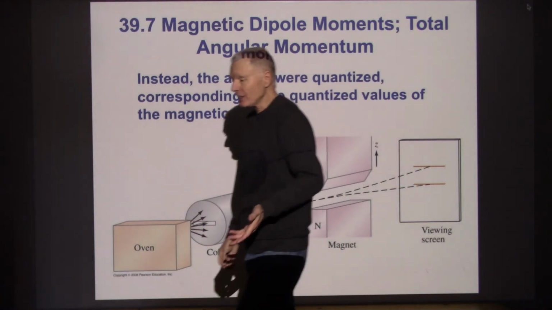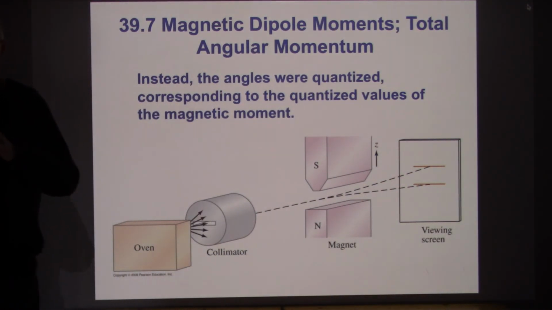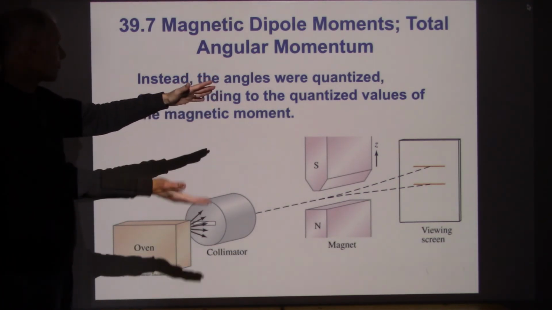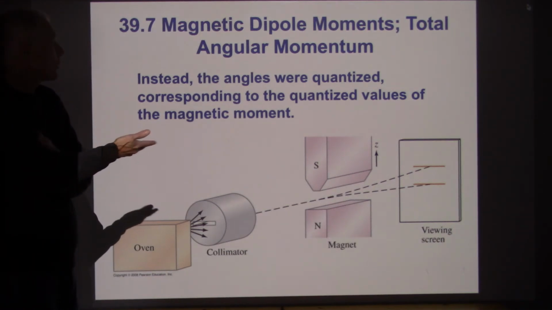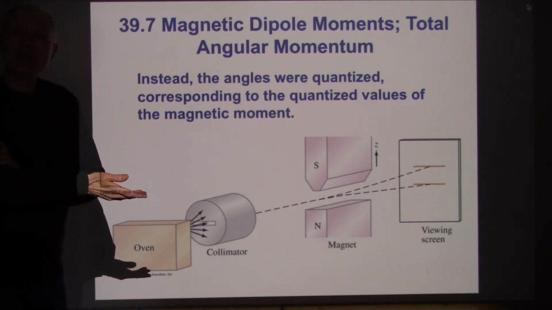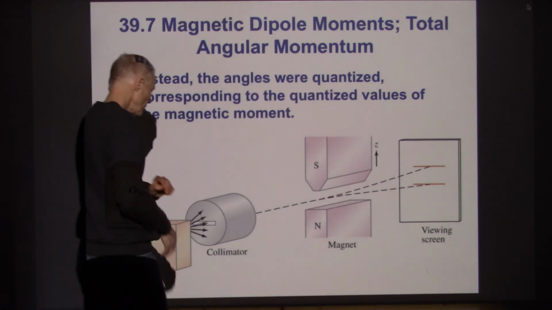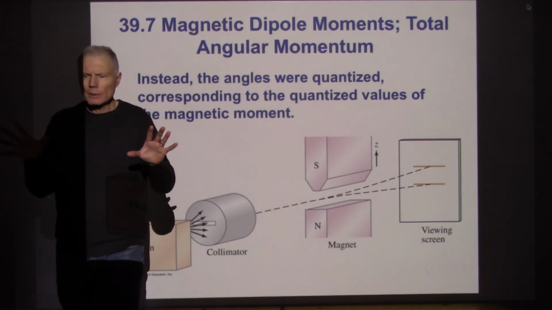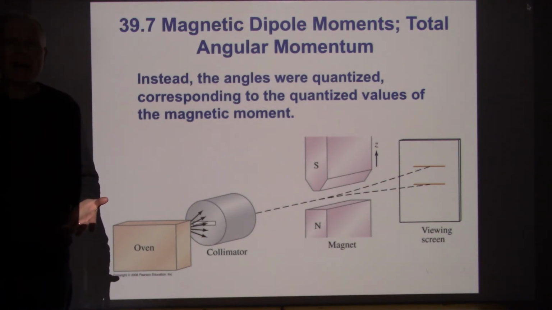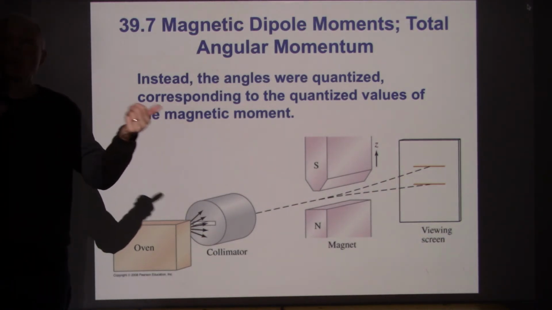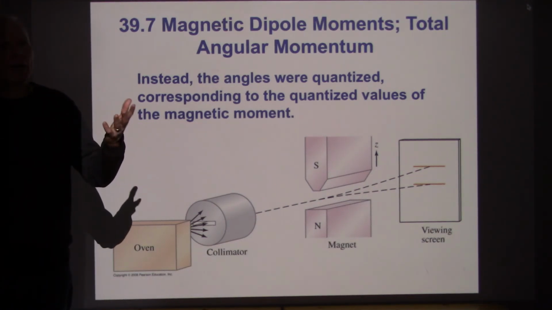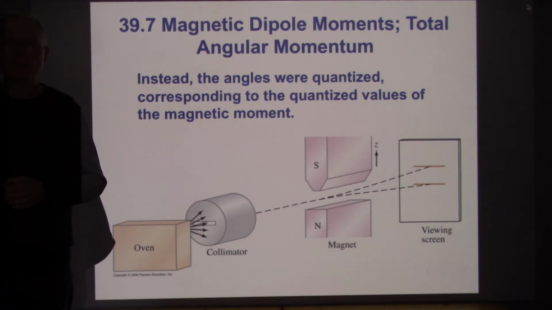Now what you would guess is that there's going to be a continuous spread of the atoms going through the magnetic field, because it's kind of a random thing. The orientation of the spin could be in many different directions. But what this is showing is that interaction with the magnetic field actually results in the atoms committing to one quantum state or the other. Up to that point, the electrons could be kind of 50-50 whether they're spin up or spin down.